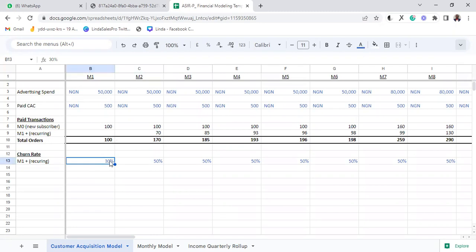If we have a churn of 30%, remember, 30% means 30% of customers stop using our products. So how many customers do we have here? We have 100 customers. If 30% stop using our products, how many will remain? It will remain 70. Can you see it here?